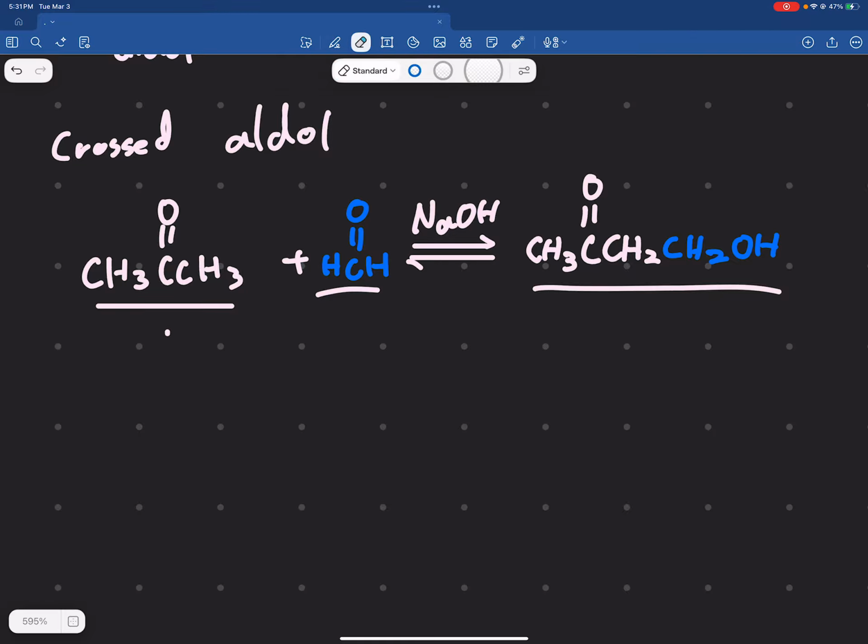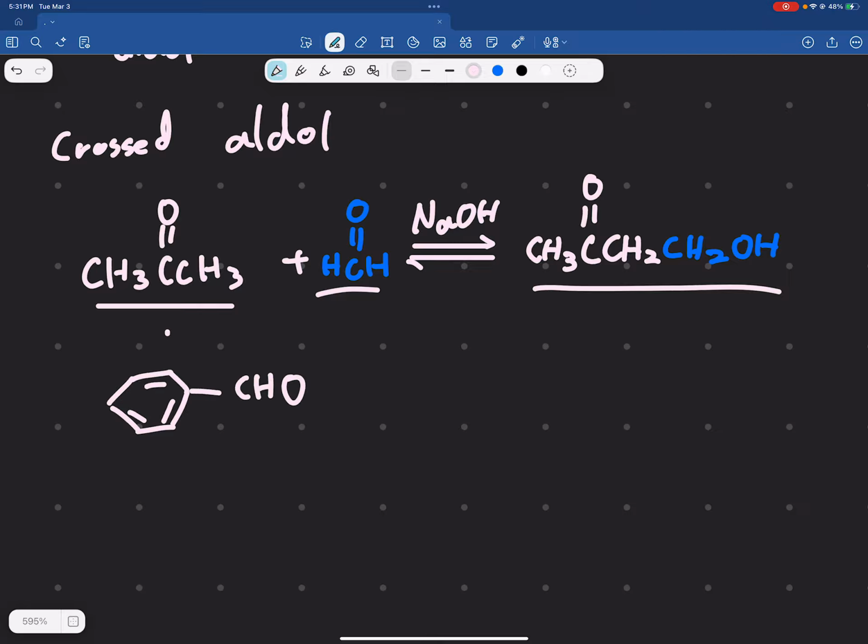An example that does have an alpha carbon but no alpha hydrogens is benzaldehyde. So this benzaldehyde cannot undergo self-aldol reactions either. It's just a way to eliminate at least one extra reaction that you don't want.